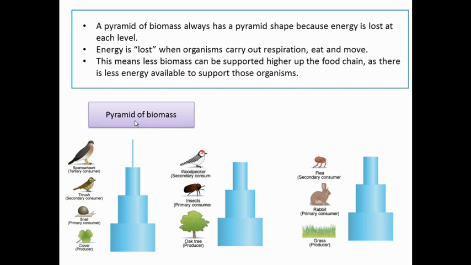Okay, so this is going back to what I said earlier. You see many more insects than you do things like foxes and badgers, because those insects are feeding off more energy in the grass, whereas higher up it's more difficult for those animals to get enough energy. Okay, so the pyramid of biomass gets smaller the higher up you go.